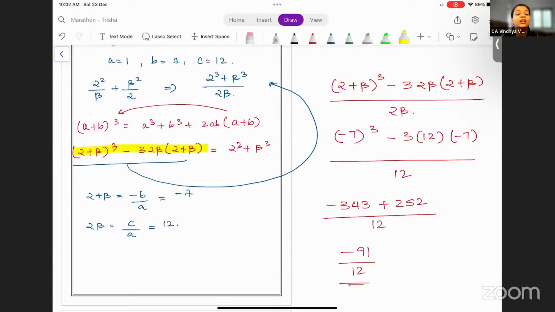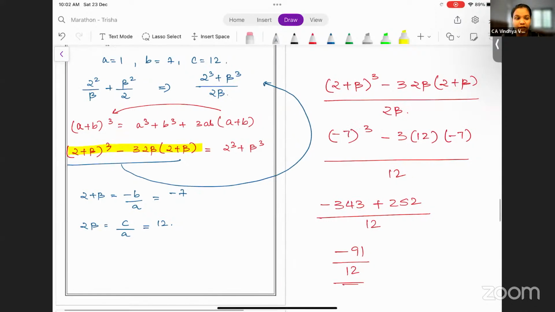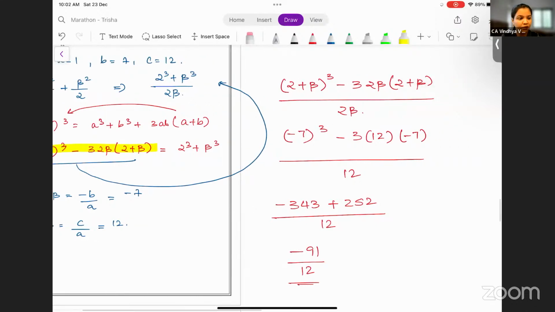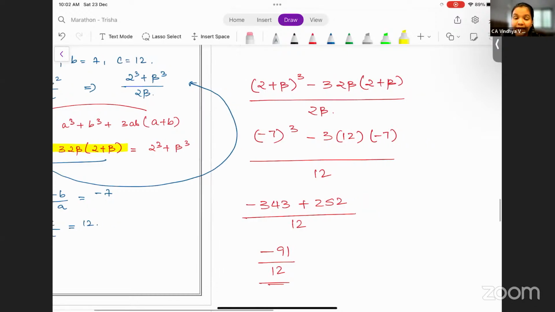Here it is. We also have the values of alpha plus beta as minus b by a, that is minus 7, and alpha into beta as c by a, that is 12. Now, substituting the values of alpha plus beta and alpha into beta, we'll get minus 7 whole to the power 3, minus 3 into 12 into minus 7, whole divided by 12.